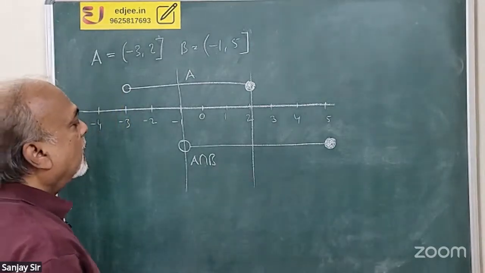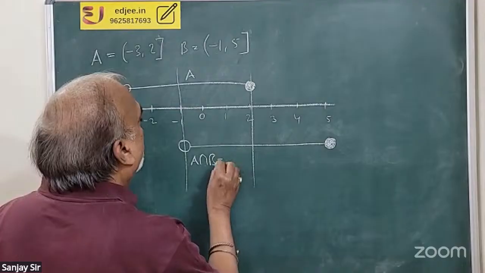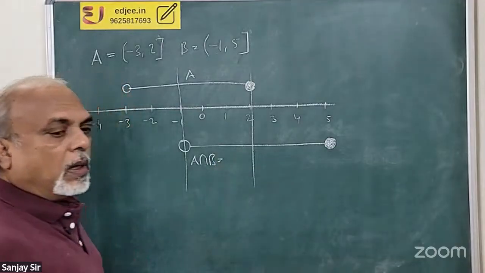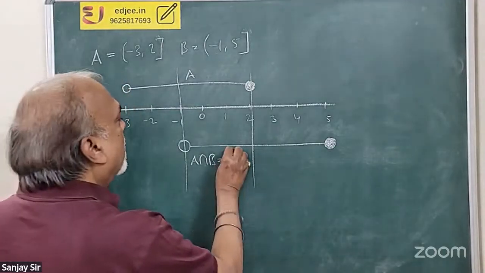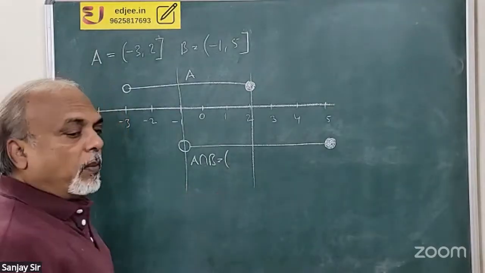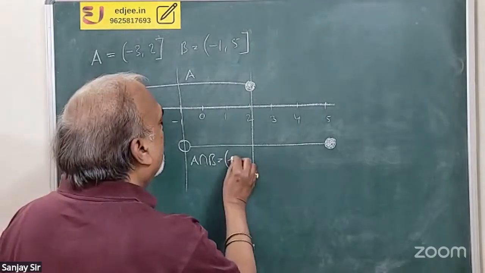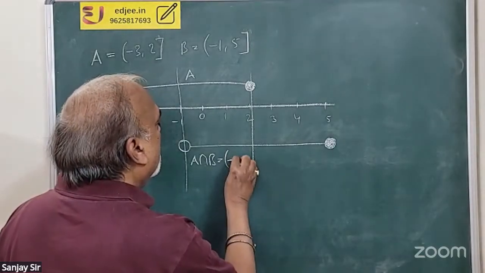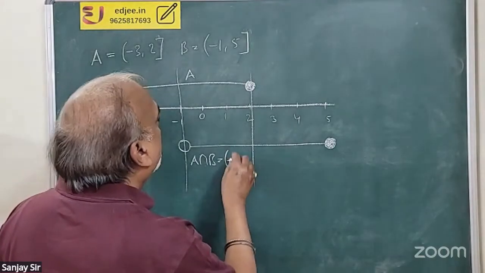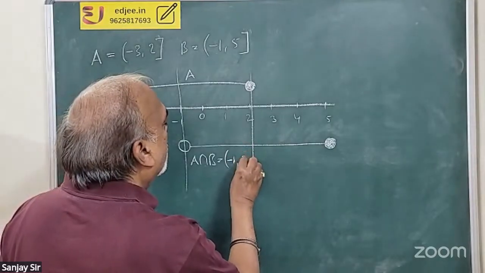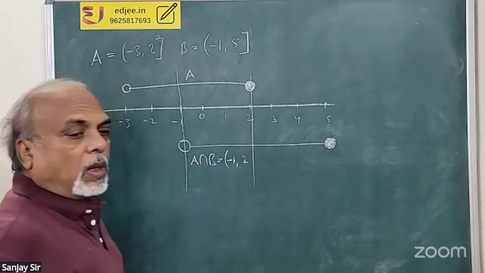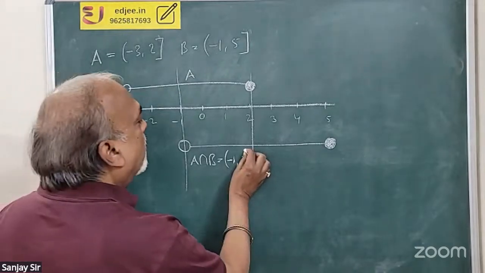Got it? And this we can write as -1 and 2, 2 closed.